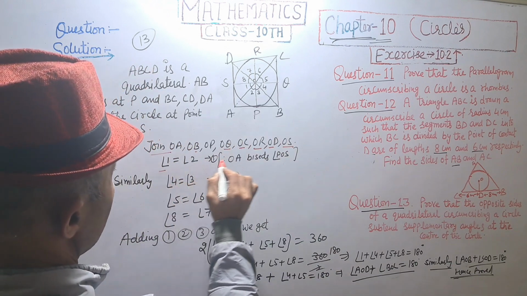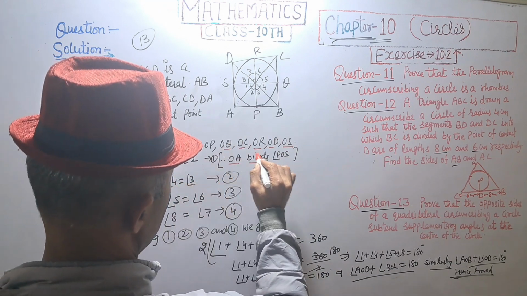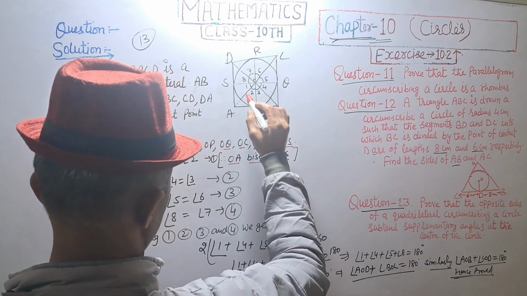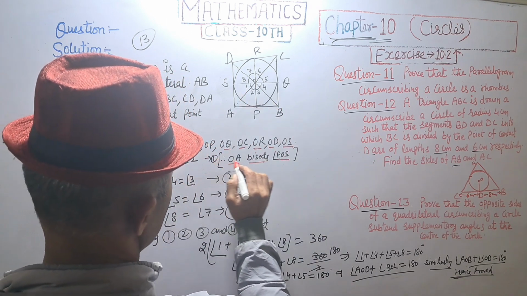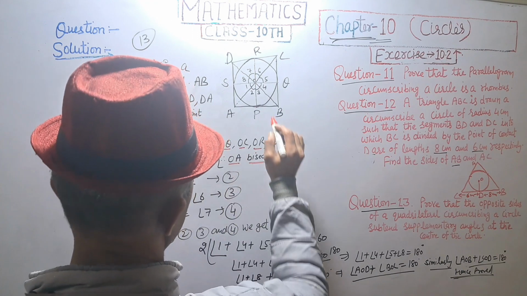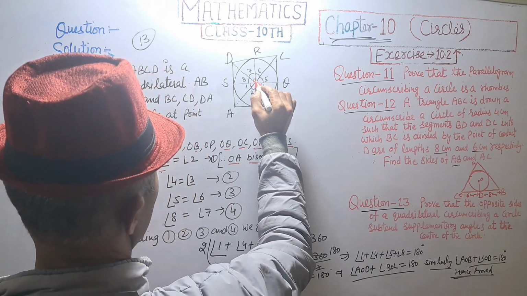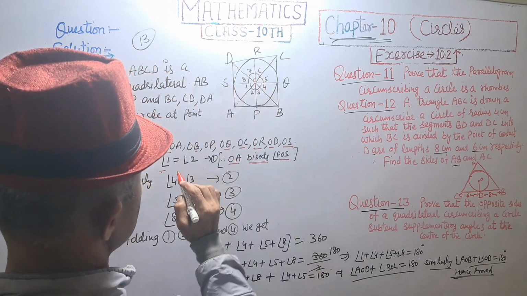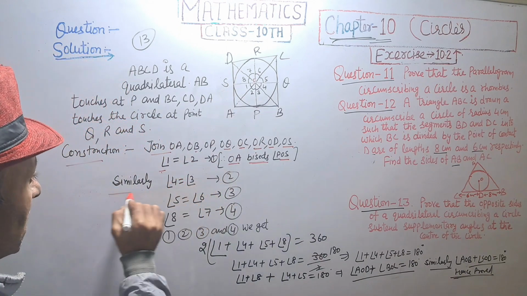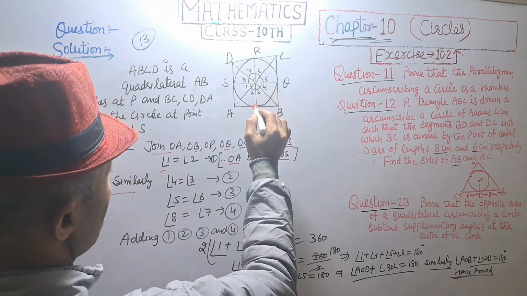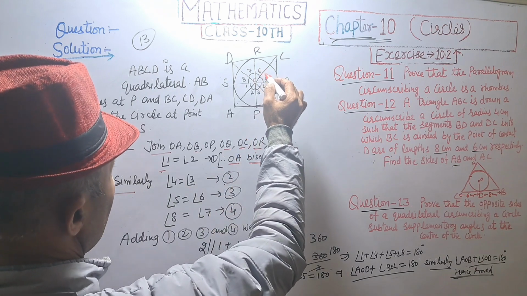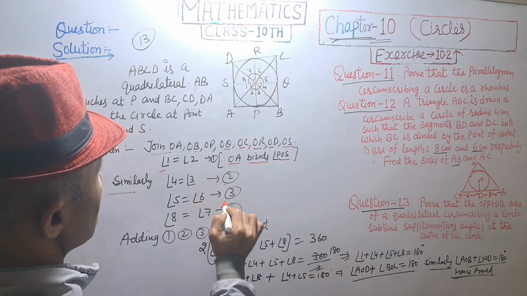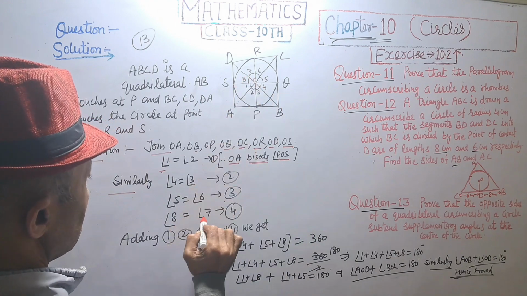Angle 1 is equal to angle 2. OA bisects angle POS, equation first. And similarly, angle 4 is equal to angle 3, equation second. And angle 5 is equal to angle 6, equation third.